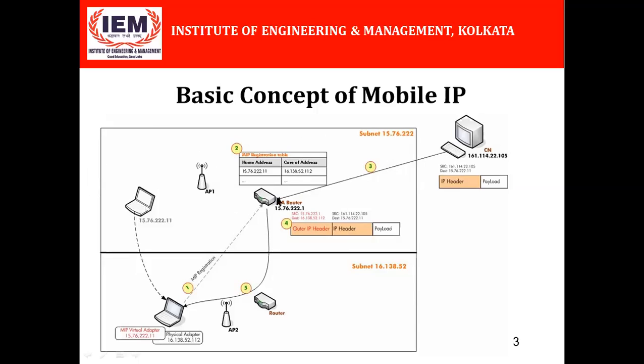But now it knows it is not present under this subnet mask. That's why it needs to add this outer IP header.